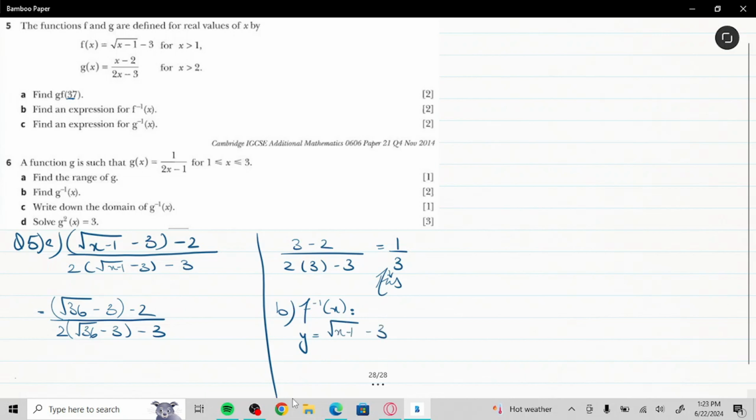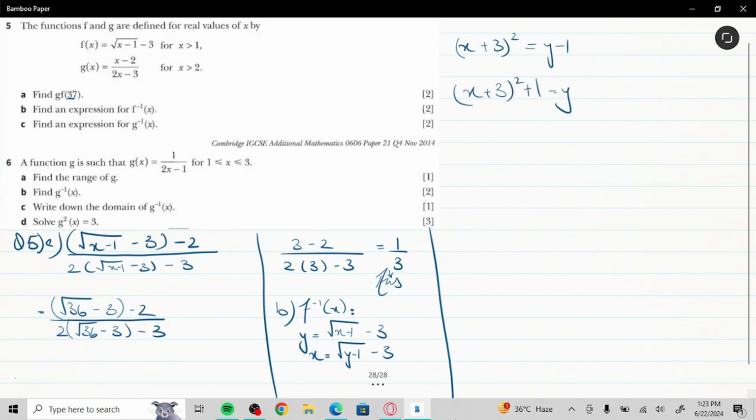Then the second thing you do is interchange the x and y values. x is equal to square root of (y minus 1) minus 3. And what we do next is make y the subject. So (x plus 3) whole squared is equal to y minus 1, and (x plus 3) whole squared plus 1 is equal to y. And that's it. That's the inverse of our function f.